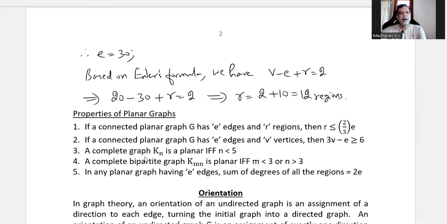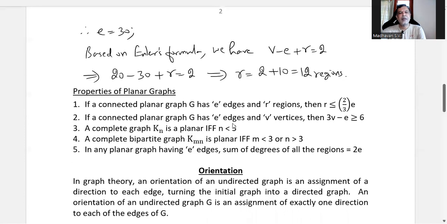A complete graph K suffix N is planar if and only if N is less than 5. A complete bipartite graph K suffix M,N is planar if and only if M is less than 3 or N is greater than 3. If any planar graph has E edges, the sum of degrees of all the regions is 2 times E. So these are the properties of planar graphs.